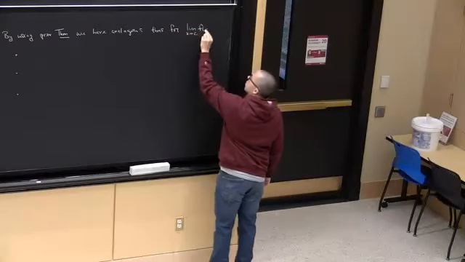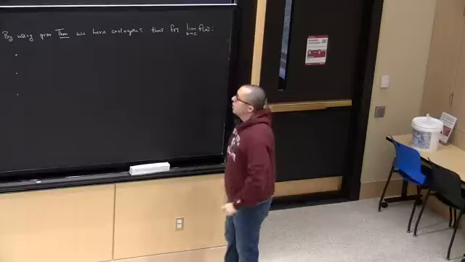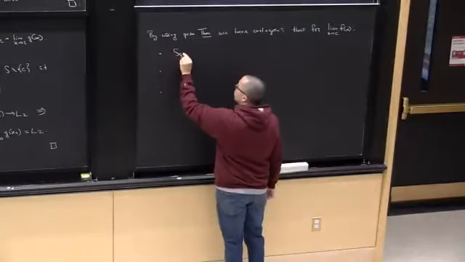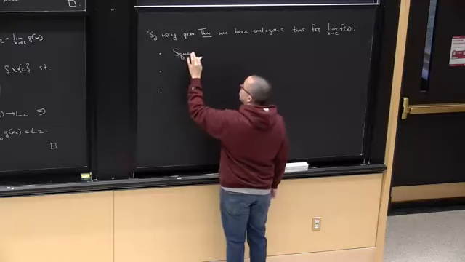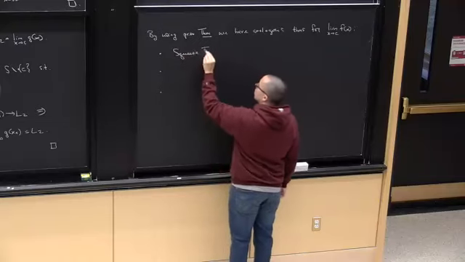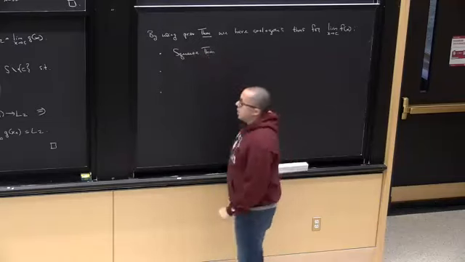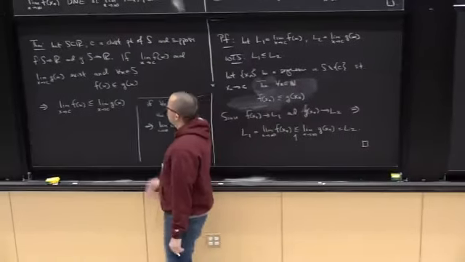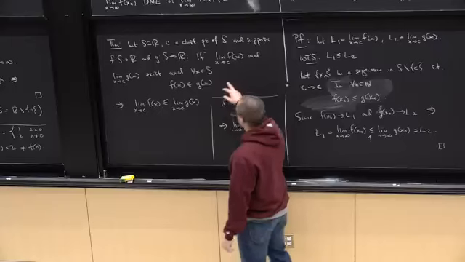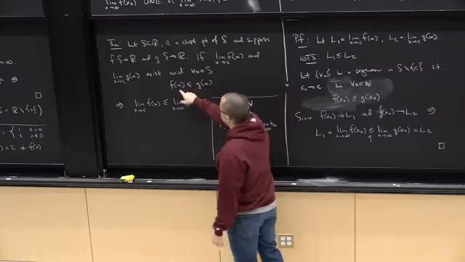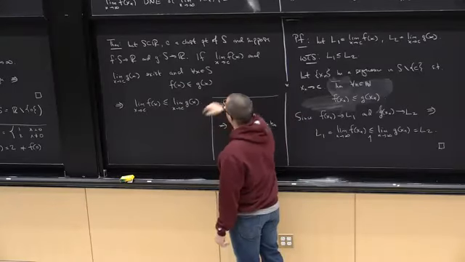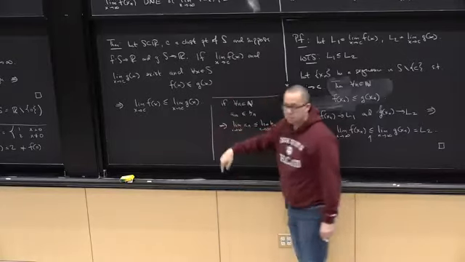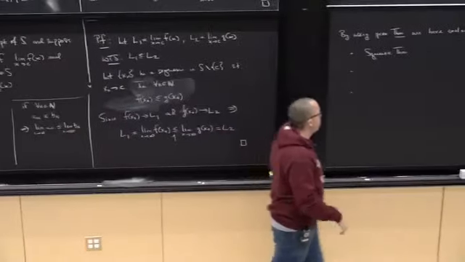For limits of functions, for example, you have a squeeze theorem. Namely, if I have three functions, f is less than or equal to g is less than or equal to h, and f of x converges to L, and h of x converges to L, then g of x converges to L. Okay, that's what I mean by analogous statement.